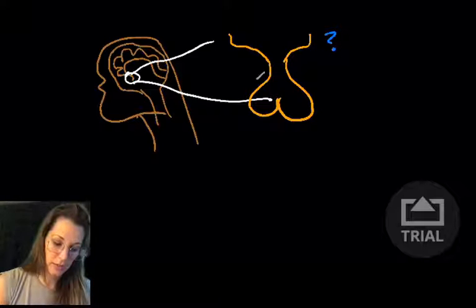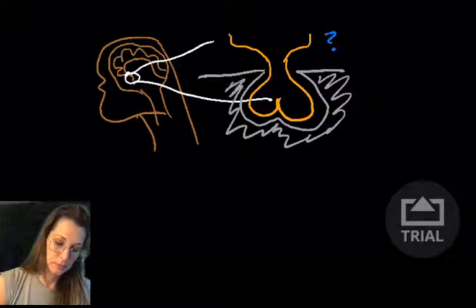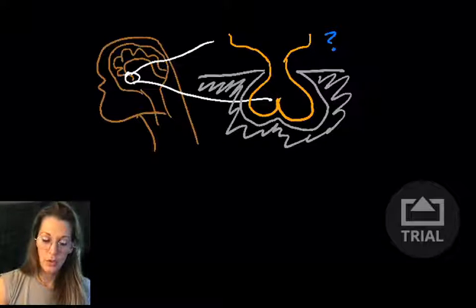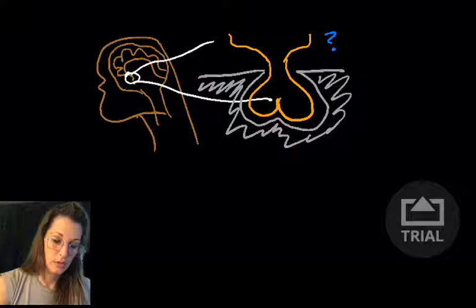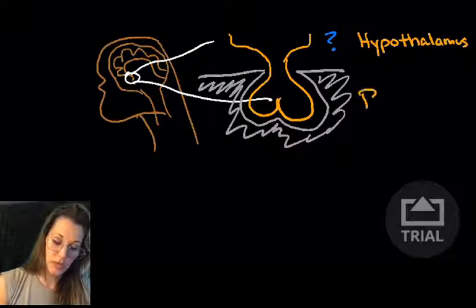So all around here, that's bone. Okay, so these two structures are called the hypothalamus and the pituitary.